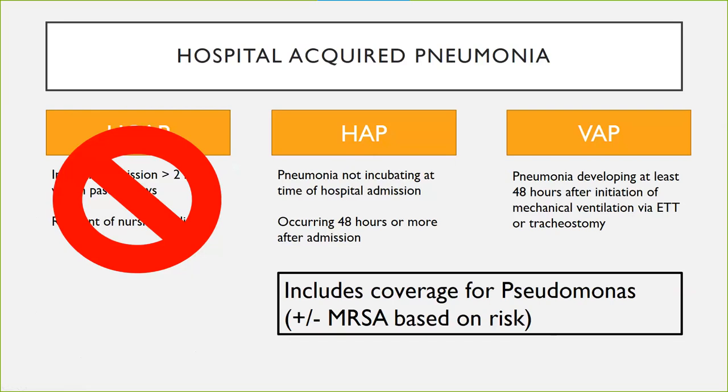The patient I just showed you doesn't have hospital-acquired pneumonia. We would treat her for community-acquired pneumonia, probably with the addition of vancomycin for MRSA coverage. So I would have given her either ceftriaxone, azithromycin, and vancomycin, or moxi plus vancomycin.